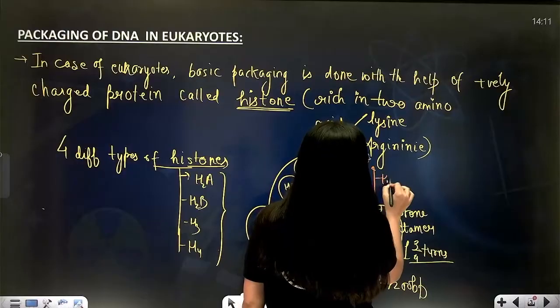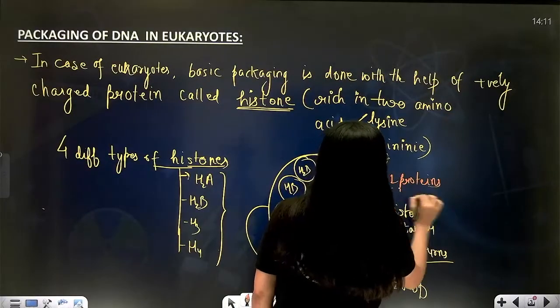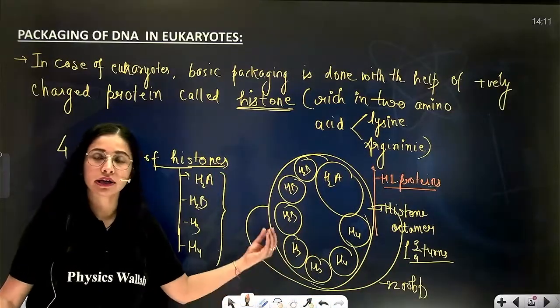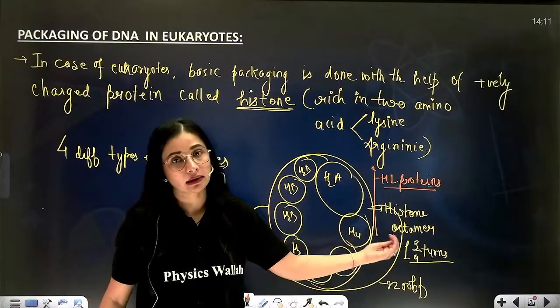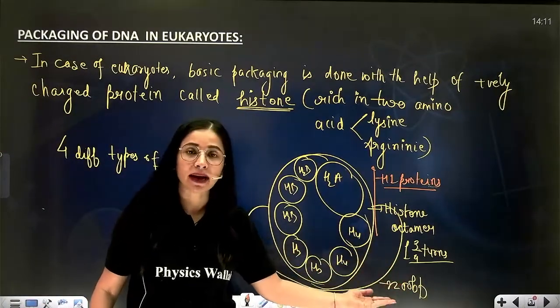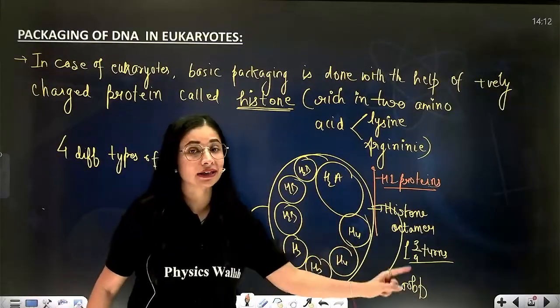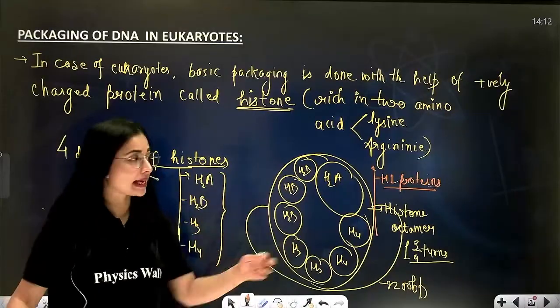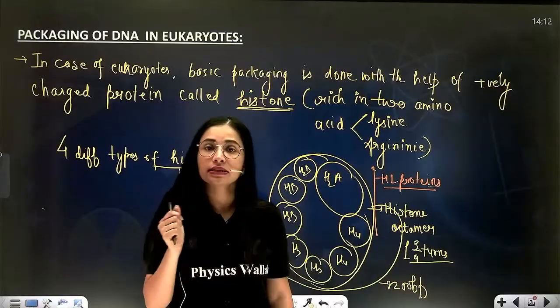So this H1 histone protein basically locks the structure, which completes one spherical ball-like structure, the histone octamer, around which 200 base pairs of DNA are wrapped in 1 whole 3/4 turn. To completely lock the structure so that the wrapping of DNA does not unwrap itself, H1 histone protein is utilized for the same purpose.